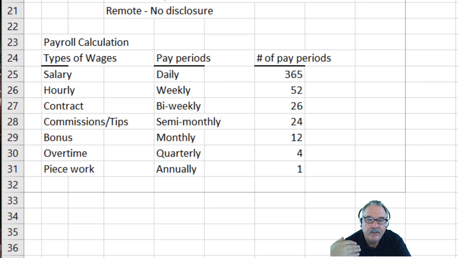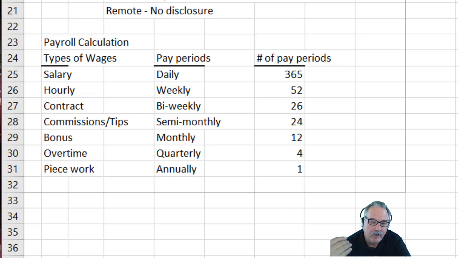We have contract people that may or may not be employees, but lots of employees have a contract. We could have commissions or tips based on sales or based on volume of transactions. We could pay bonuses to our employees, either a Christmas bonus or a profit sharing bonus or some sort of an additional amount that is paid to employees for their performance and, more importantly, for performance of the company overall.